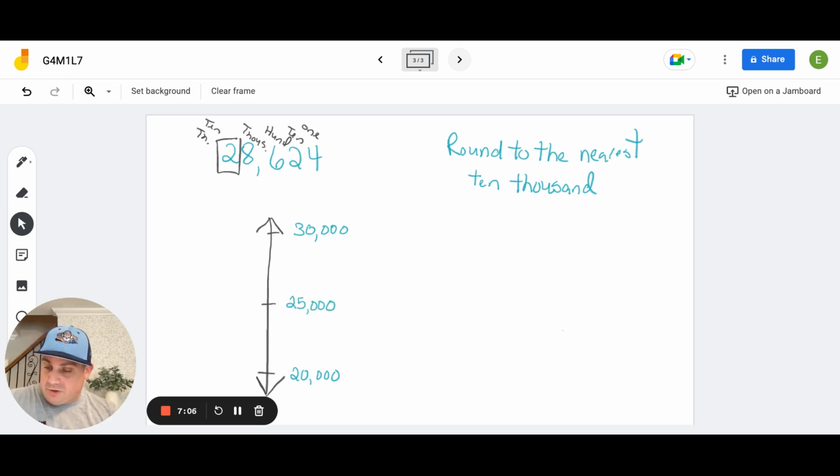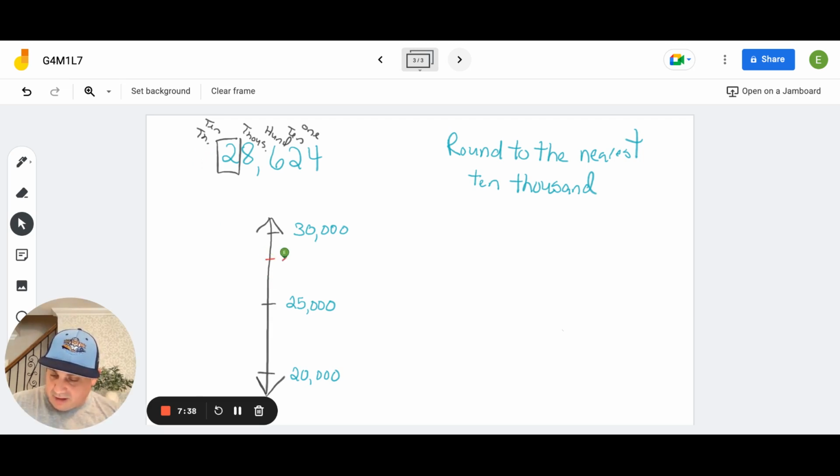And now it's just a matter of placing this number, 28,624, on your number line. Is it going to be below the midpoint and get rounded to 20,000? Or is it going to fall above our midpoint and get rounded to 30,000? Well, it's greater than 25,000, so I know it's going to fall somewhere up here.